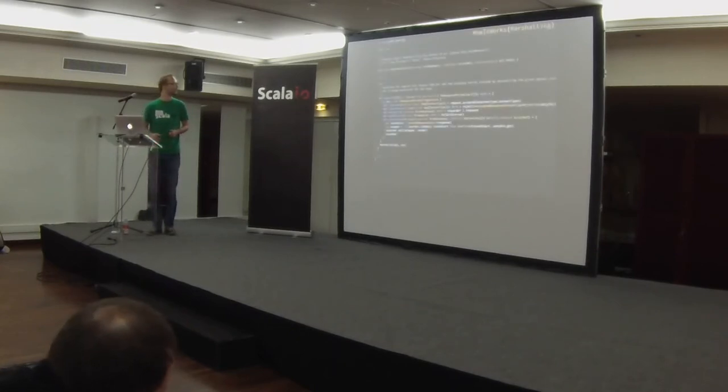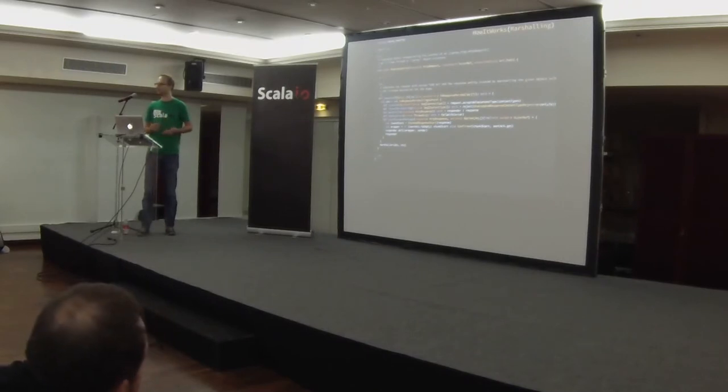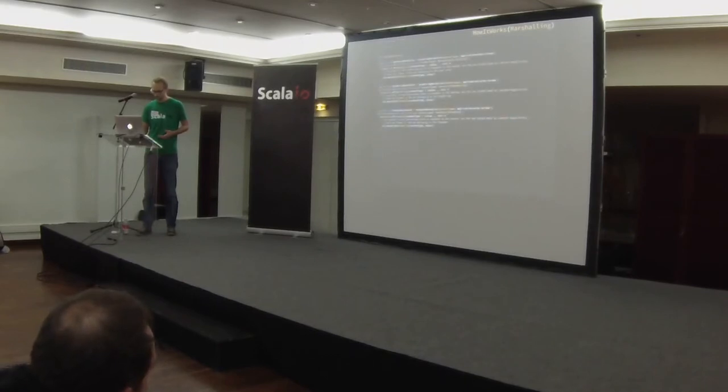The complete method, also pretty complex code, but it takes your T, and somehow there has to be a marshaller for your type. That marshaller is a type class, so somewhere in the implicit scope there needs to be a marshaller for your T. And what the marshaller eventually produces is an HTTP entity with a content type and some value.